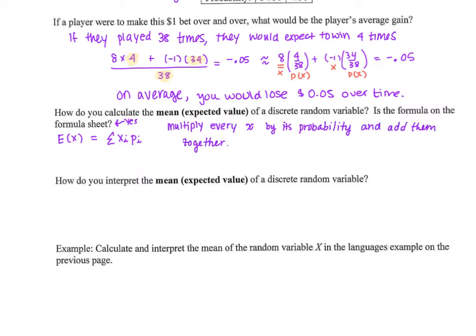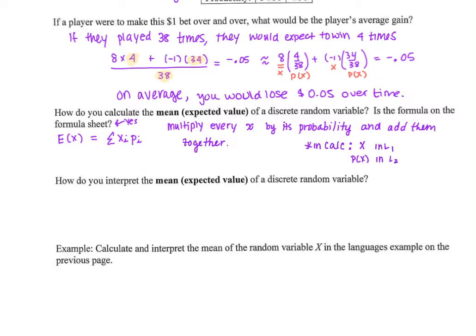Now when you have a long table or a large probability distribution, you can calculate this in your calculator. So in your calculator, you're going to put all the x's in list 1 and all the probabilities in list 2.